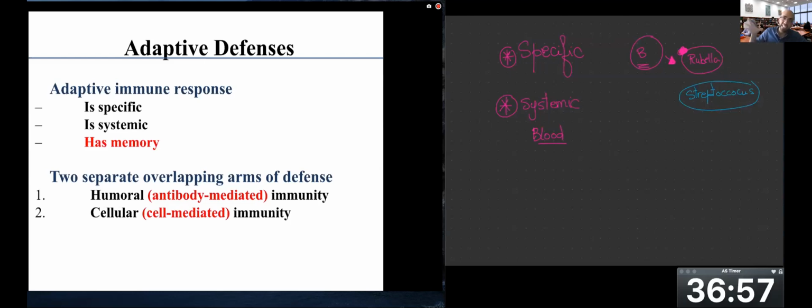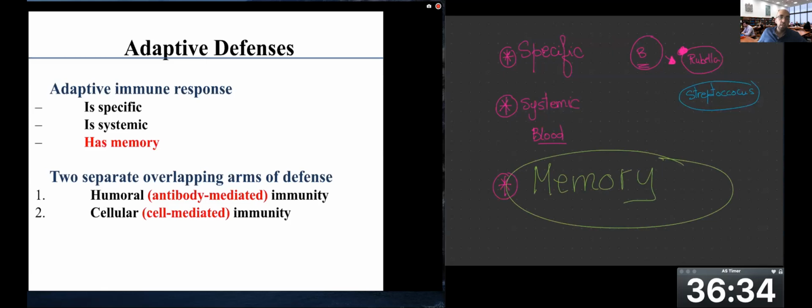So I have a systemic response. And one of the most important features for the adaptive immunity is that it creates immunological memory.